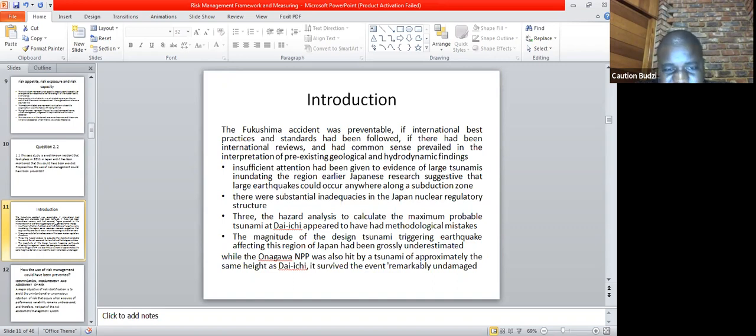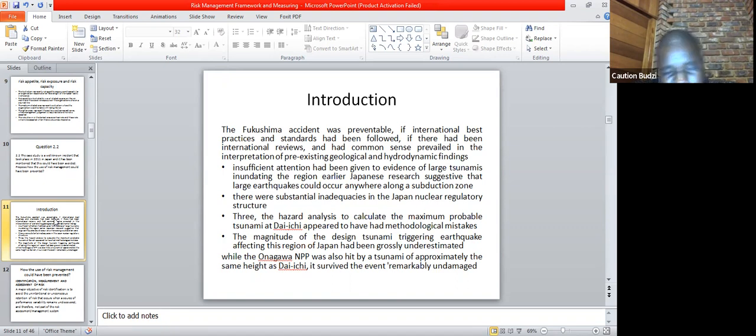So if you look at the site or the area where this plant was located, it's an earthquake prone zone. So these guys are saying there was insufficient attention, given that they were already aware that the region is prone to earthquakes. There were also substantial inadequacies in the Japan nuclear regulatory structure.